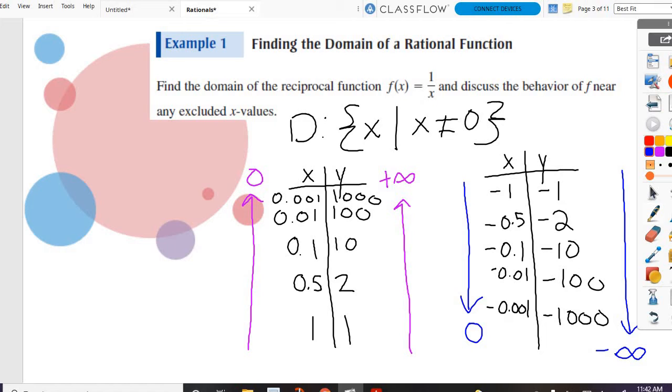Questions on that? Alright, does anyone remember what these types of values are called?